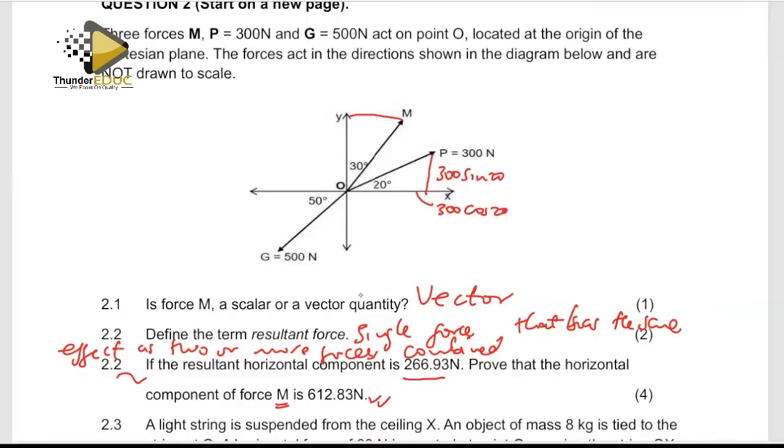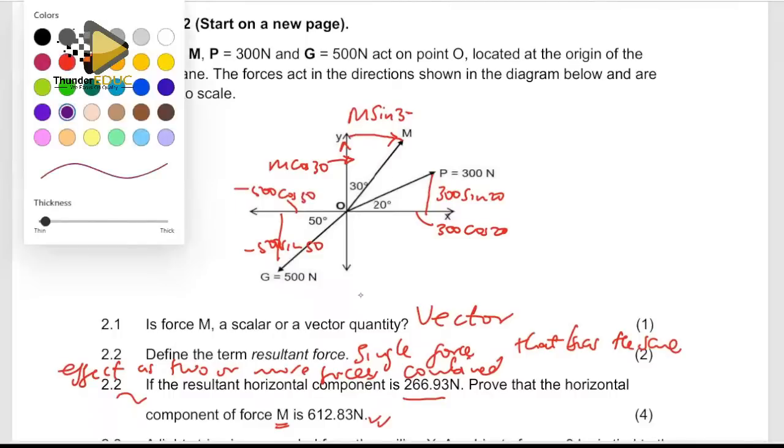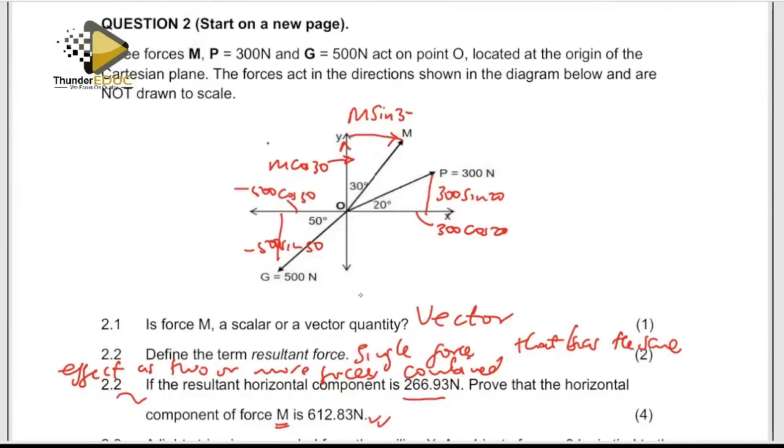Will it make sense though? So it's up this direction, meaning it is M sine of 30. This is M cos of 30. And then this is the 500 sine of 50, but downwards, and then this is negative 500 cos of 50. So let's combine the horizontal alone.